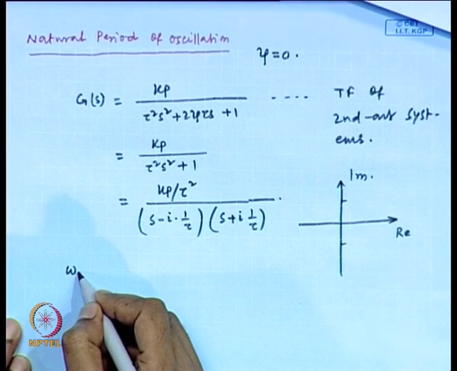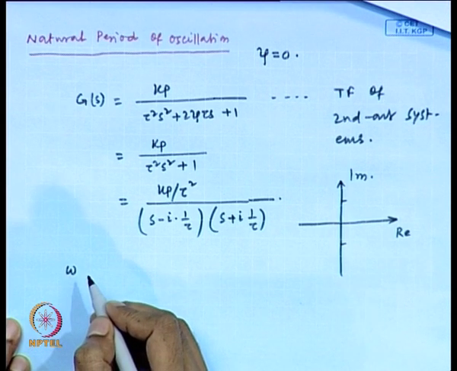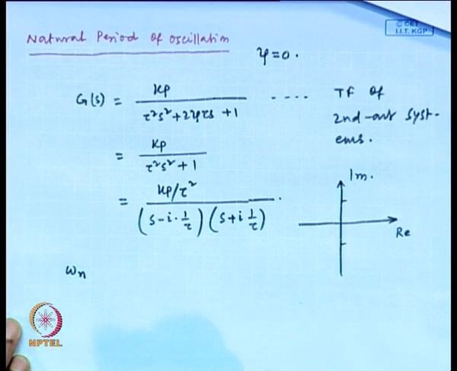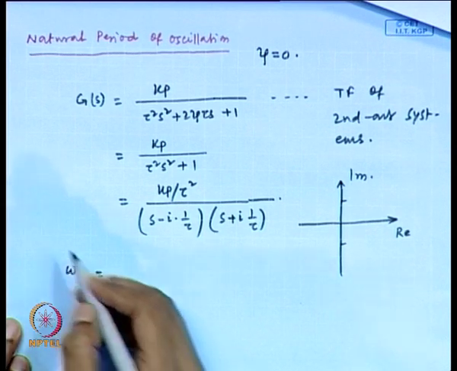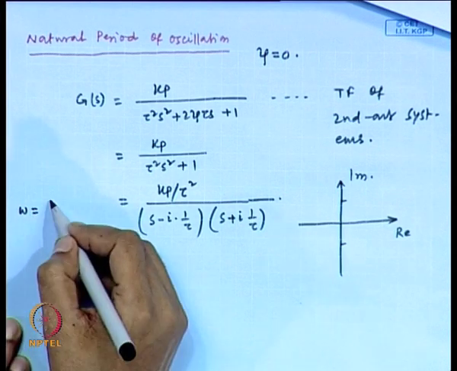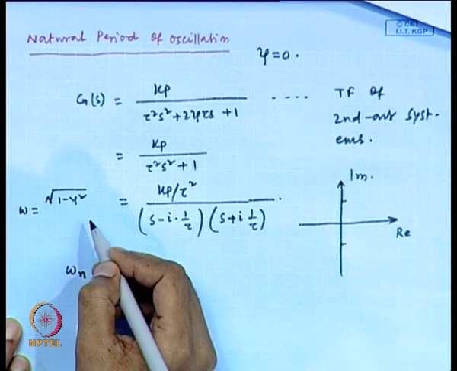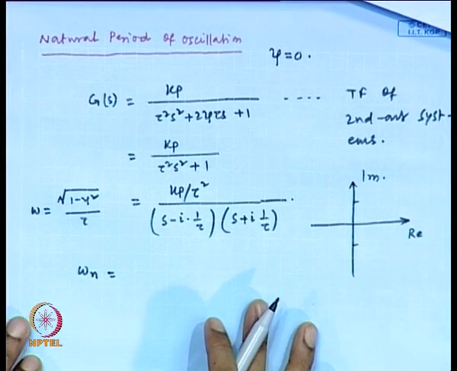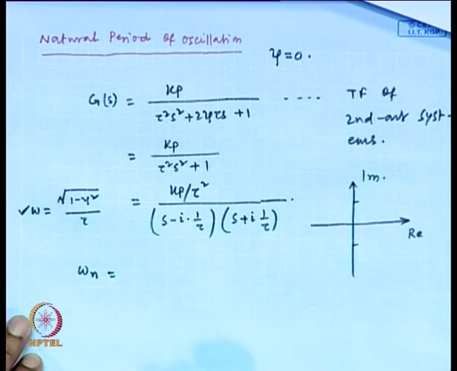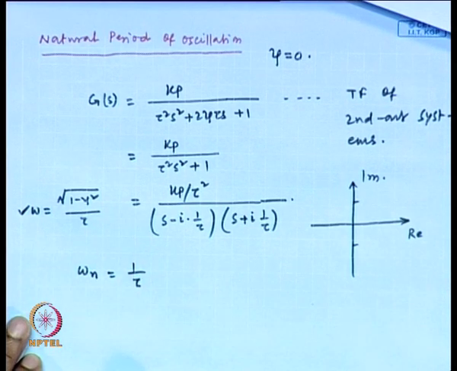So, what about the natural frequency omega n? We know the expression of omega, that is omega equals root over of 1 minus zeta square divided by tau. Substitute zeta equals 0, then we will get omega n. So, omega n equals 1 by tau.